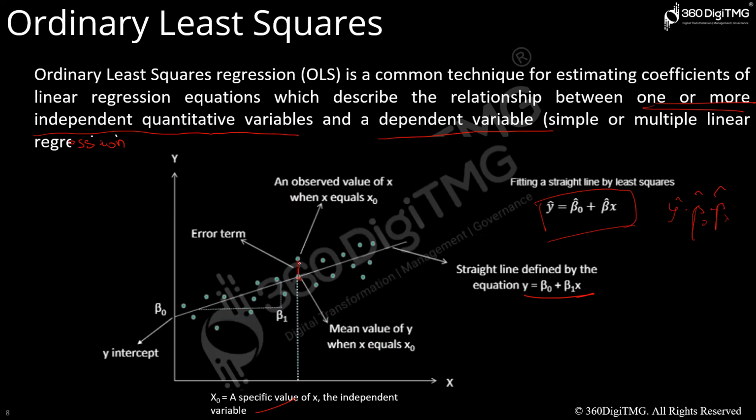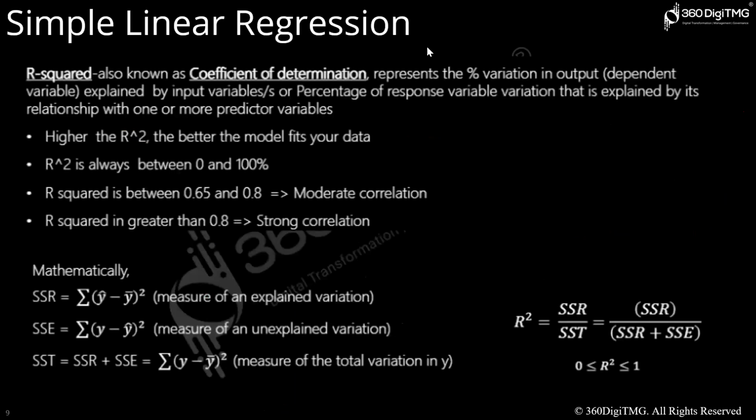So perpendicular to that is an observed value of y when x equals x naught. And the distance between that point and the point on the straight line is the error term. So this is about the ordinary least square.